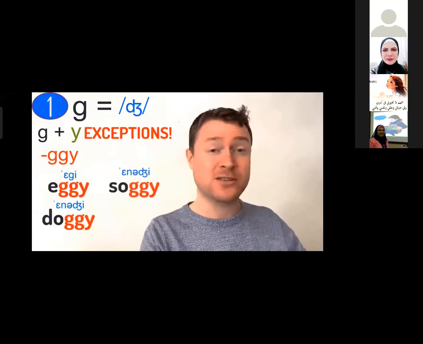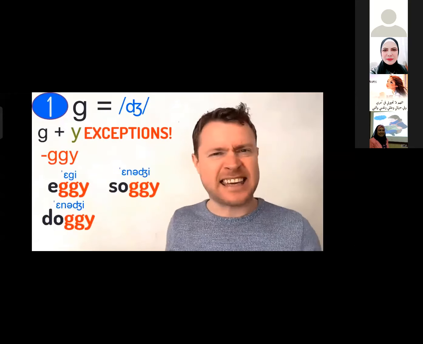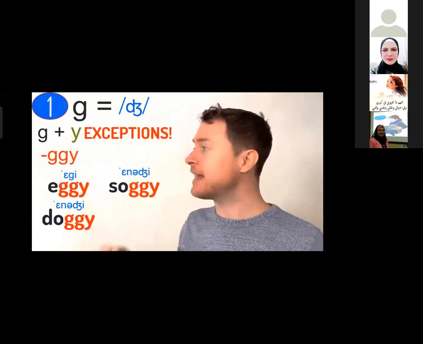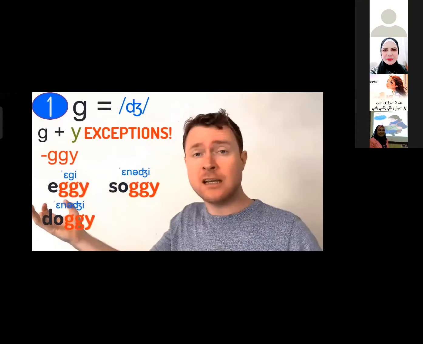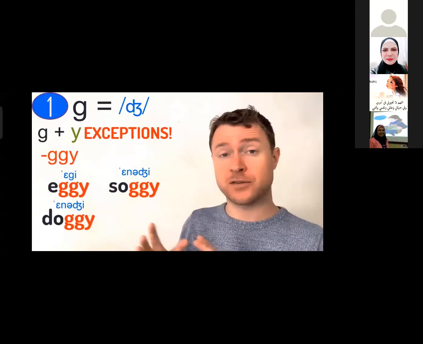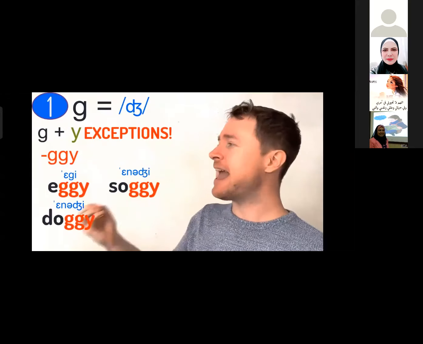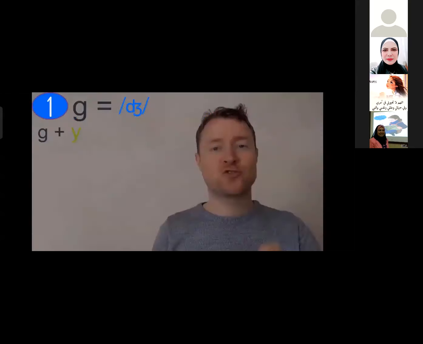Soggy is wet on the ground. The ground is soggy. Soggy, doggy, and eggy, like an eggy smell in here. So when you see GG, normally it's pronounced with that hard G sound, not the softer J. Eggy, doggy, and soggy.